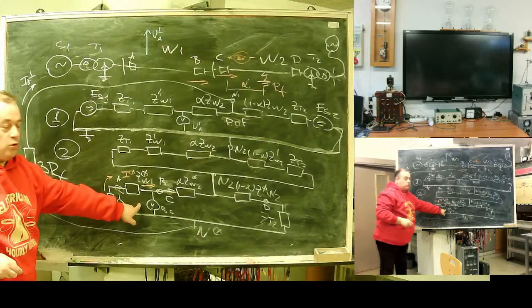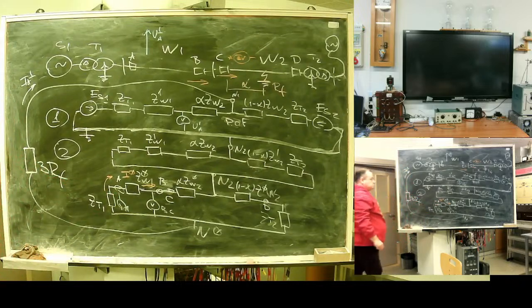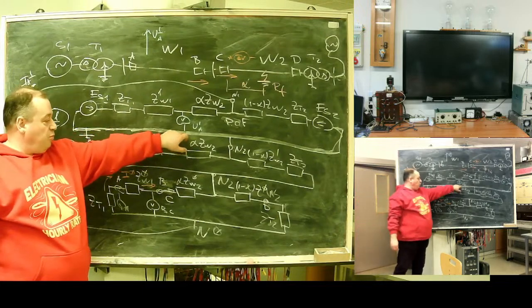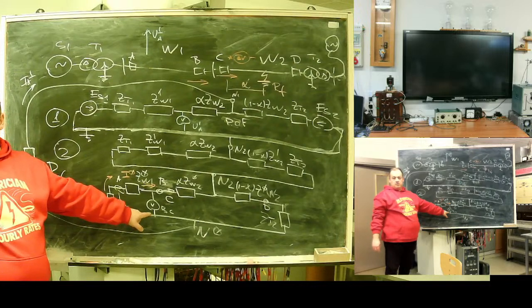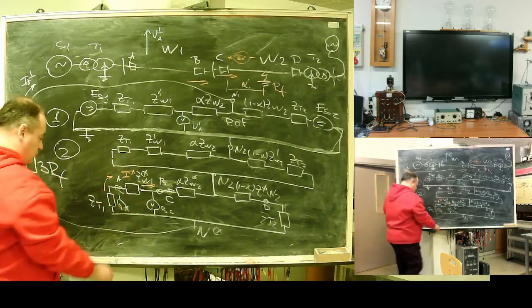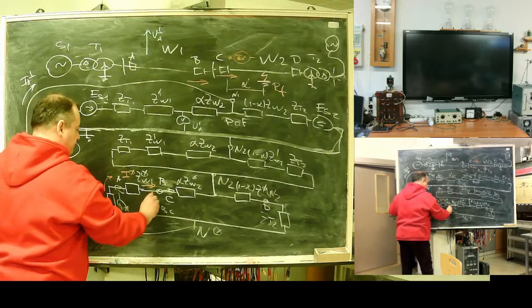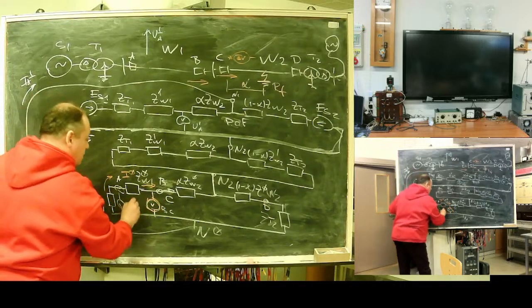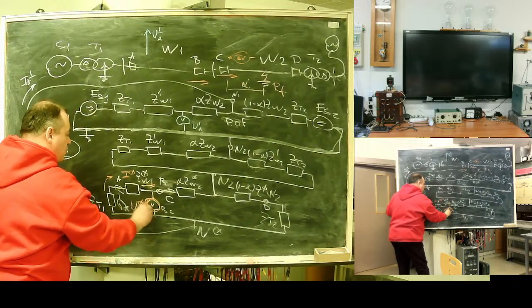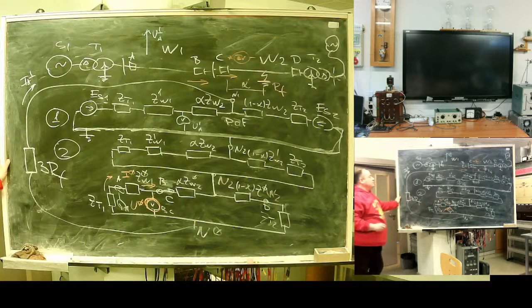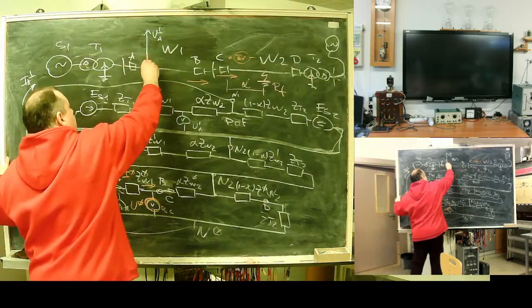Which way does this voltage look? If this is ground, here is the ground point. Which way does this voltage look? This one, orange. This is my zero sequence voltage. Which way does it look? Down.